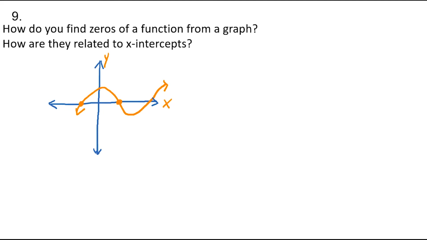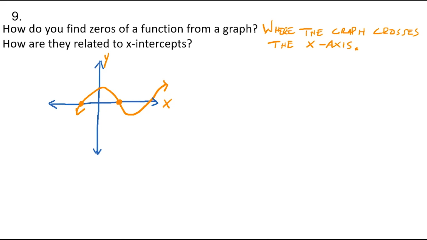So if you're looking at a graph and you want to find the zeros of a function, just look at the point where, let's sum this up, basically where the graph crosses the x-axis.